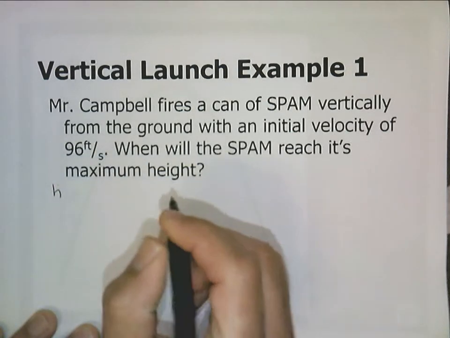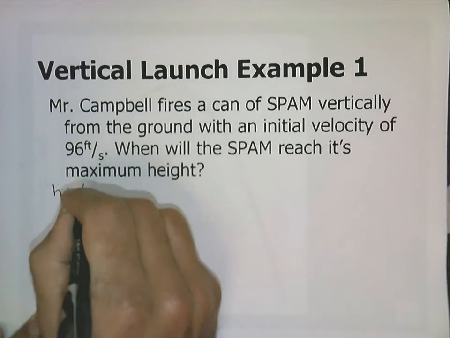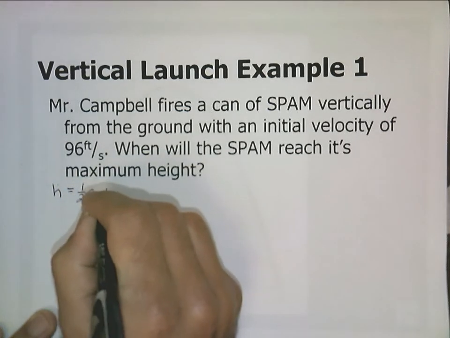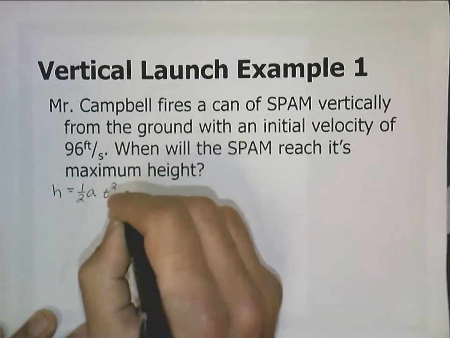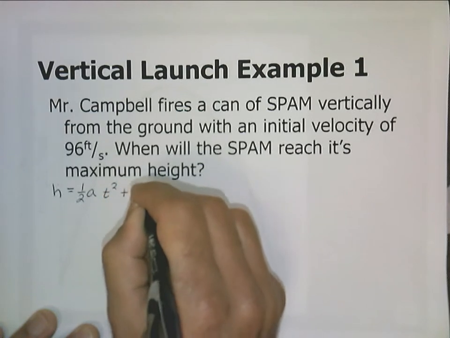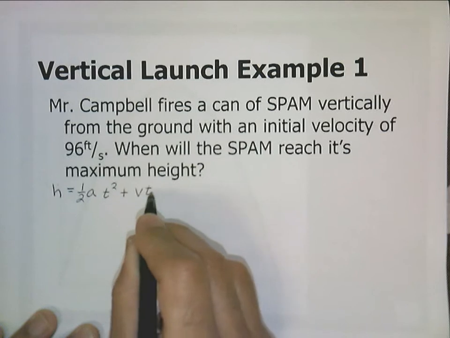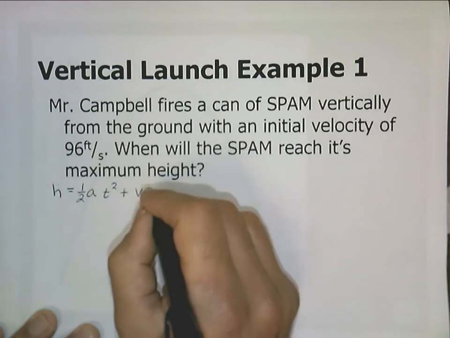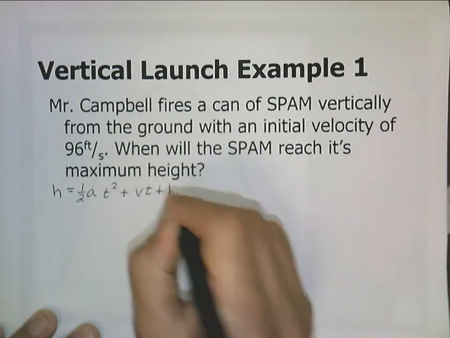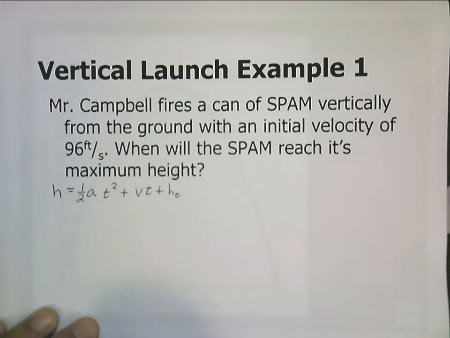The height above the ground, h, is equal to 1/2 times a times the time squared plus v times t, where v is the vertical velocity, t is again time, plus h naught, which is the initial height.